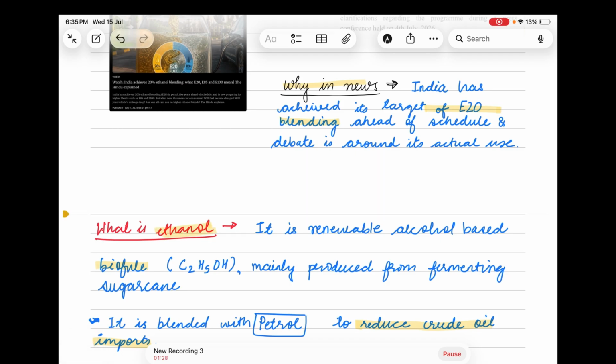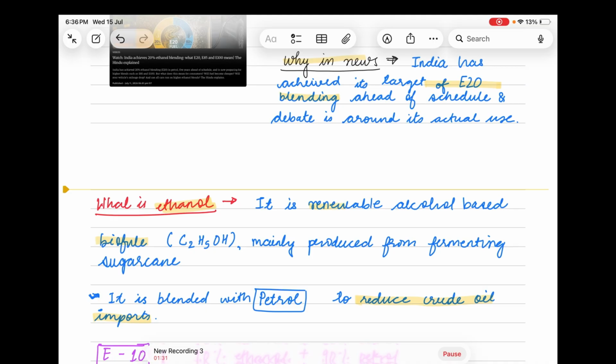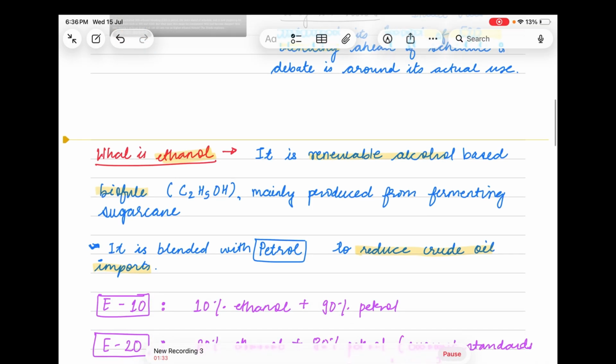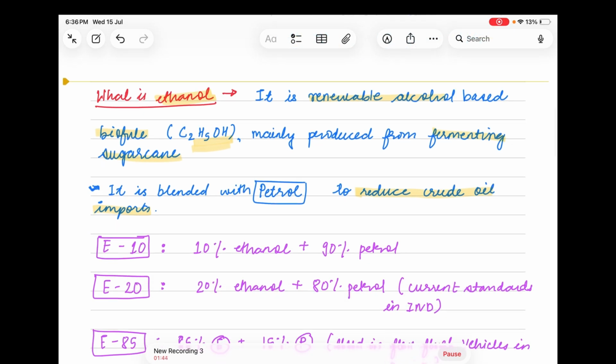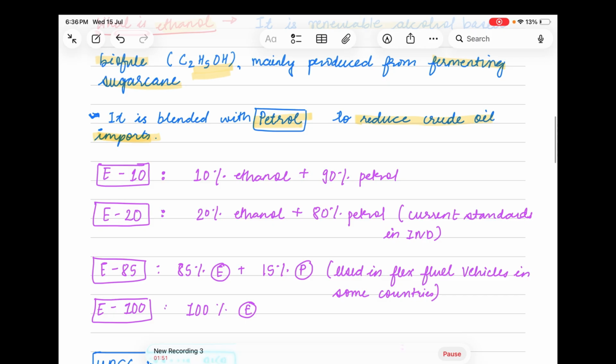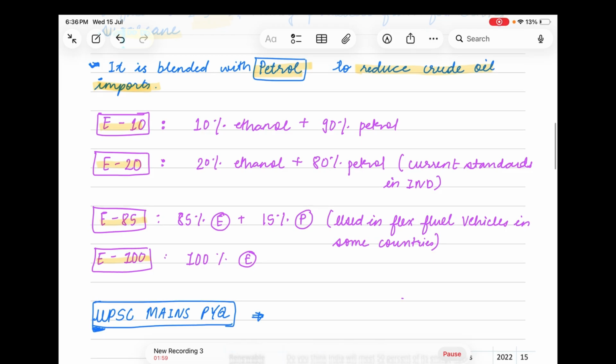First of all, understand what ethanol is. It is a renewable alcohol-based biofuel. This is its chemical formula, and it is mainly produced from fermenting sugarcane. It is then blended with petrol to reduce crude oil imports. There are different types of blending: E10, E20, E85 and E100, where the number mentioned is the percentage of ethanol.